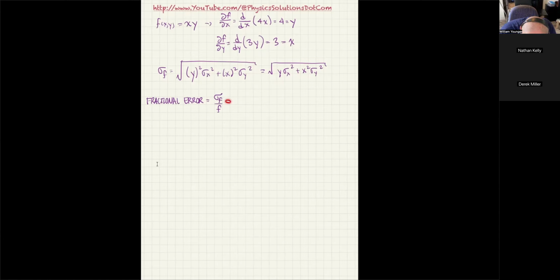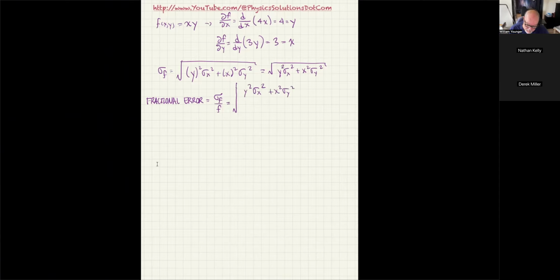So in this case, what we're going to do is take the formula that we already computed for the uncertainty, the sigma f, and I'm going to make a taller square root so I can fit everything under it. Basically, I'm going to take the numerator, which was y squared sigma x squared plus x squared sigma y squared.